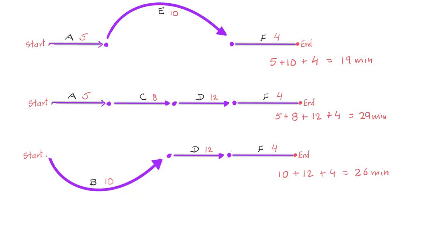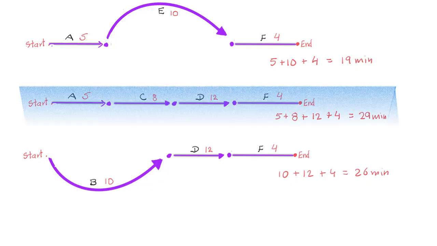And as you can see, the path which is the longest path for this precedence network is called the critical path, and therefore it will be the path with 29 minutes. And this also gives us the minimum completion time for the project, which is 29 minutes.